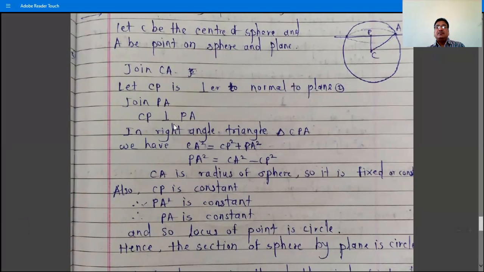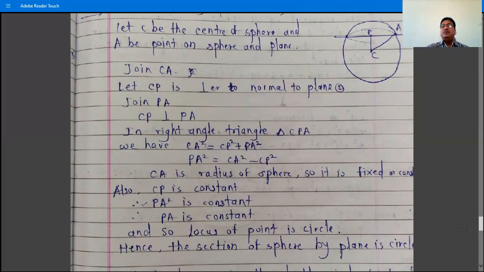CP is perpendicular to PA also. So in right angle triangle CPA, the angle P is 90 degrees. We have CA square, the hypotenuse square, is equal to CP square plus PA square by the Pythagoras theorem: hypotenuse square is equal to the sum of squares of the remaining two sides.